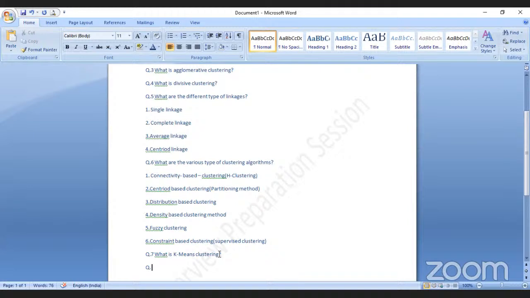When we have only categorical data, we use k-modes. Here k-means is for numerical values, and we can use k-modes for categorical data. Fuzzy modes can also be used for the same. And when we have mixed data, with categorical and numerical data in one dataset, then we use k-prototypes. So we use k-prototypes for mixed data.